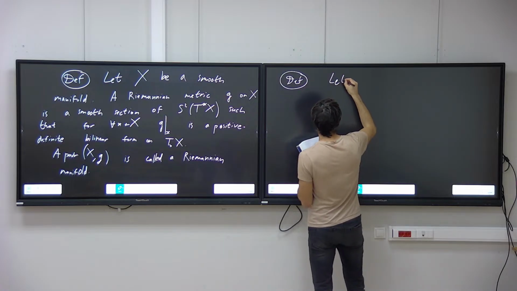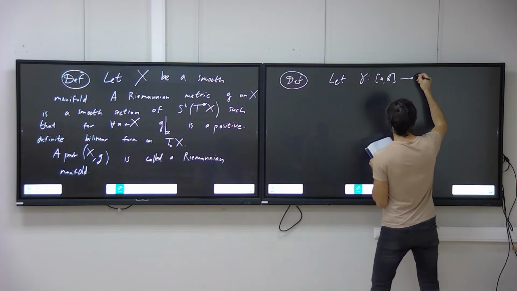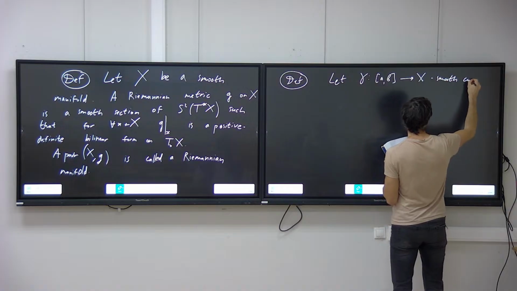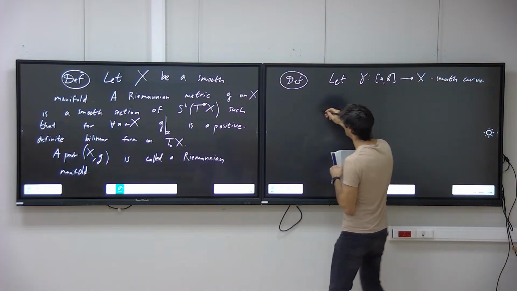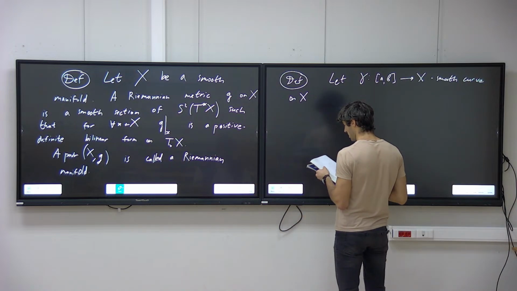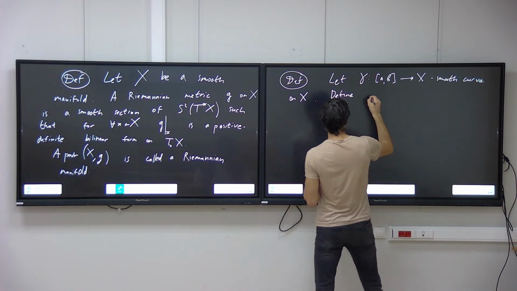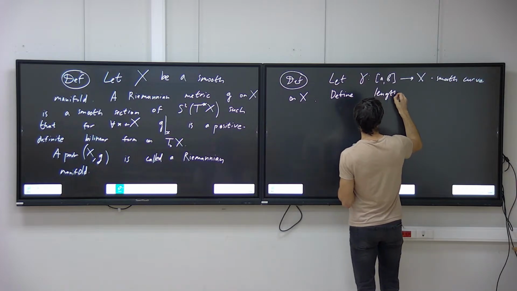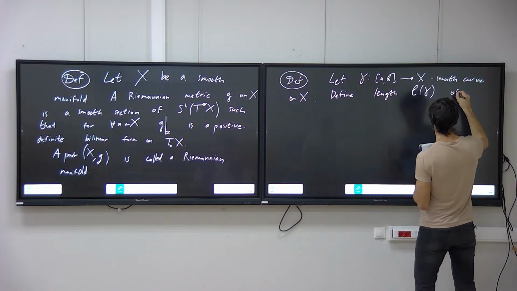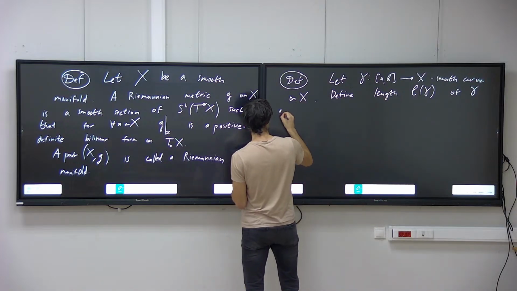So let gamma be a map from a closed interval to X. So this is a smooth curve on X. Then define, and I will denote it as L of gamma, as follows.